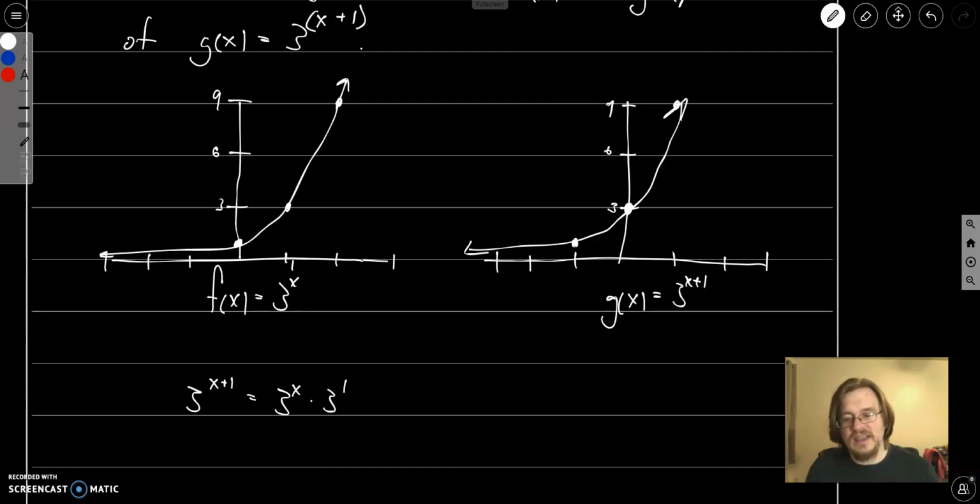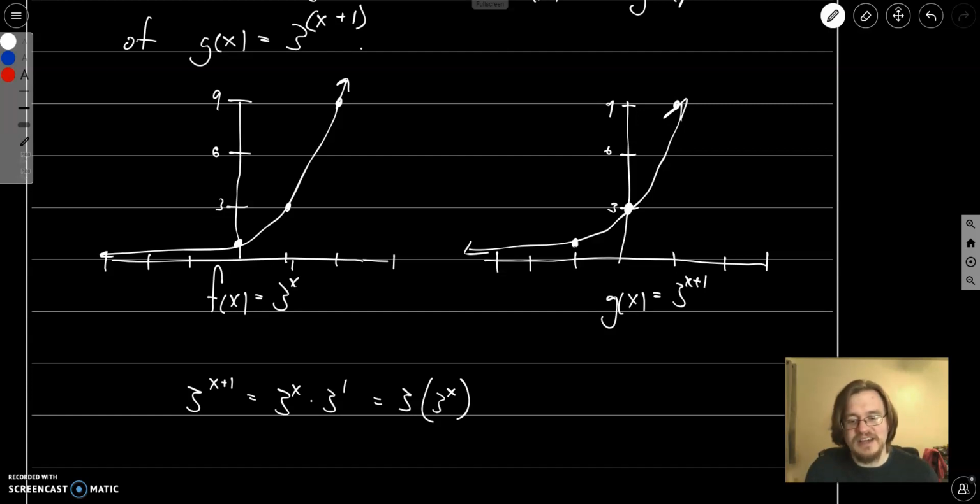So again, when we multiply exponentials, we end up adding the exponents together. So 3 to the x plus 1 is the same thing as 3 to the x times 3 to the first power. 3 to the first power is just 3. So this is going to be the same thing as 3 times 3 to the x power.